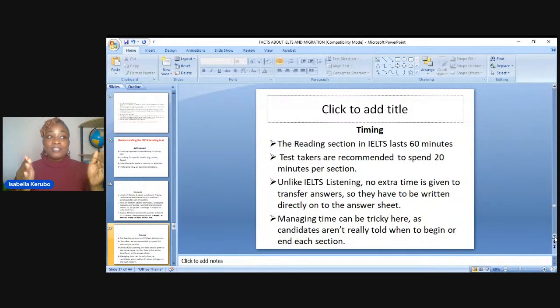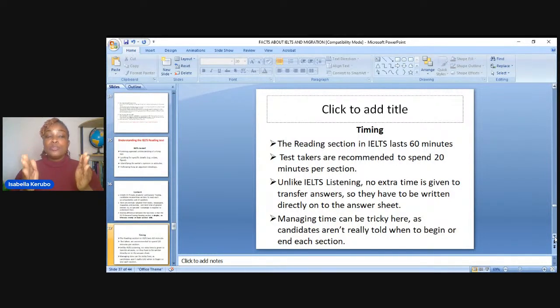Remember, in the IELTS listening, at least you are given 10 extra minutes to go through your answers and transfer them from the question paper to the answer sheet. In the IELTS reading test, you have 60 minutes, which is inclusive of everything.